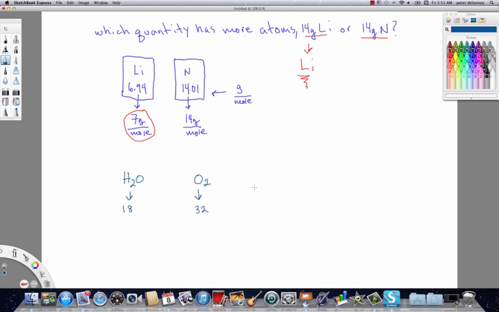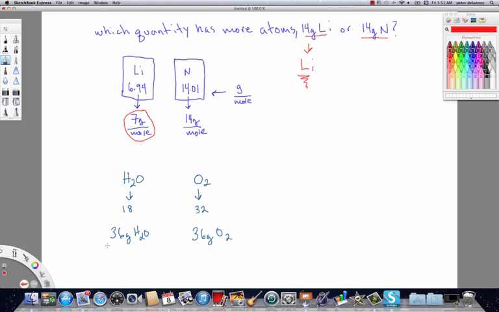So let's say that we're asked the following question. All right, we're given 36 grams of water, and we're given 36 grams of oxygen. And we're asked the question, which of the two quantities has got more particles?